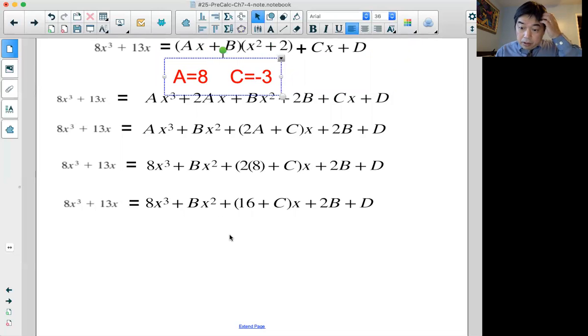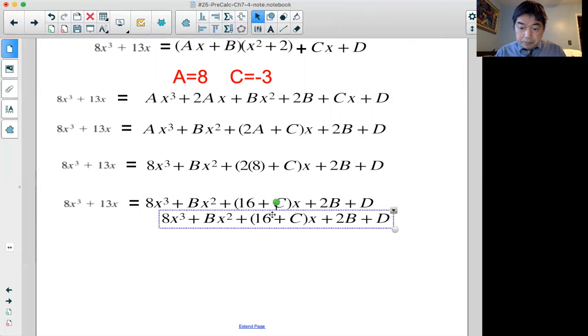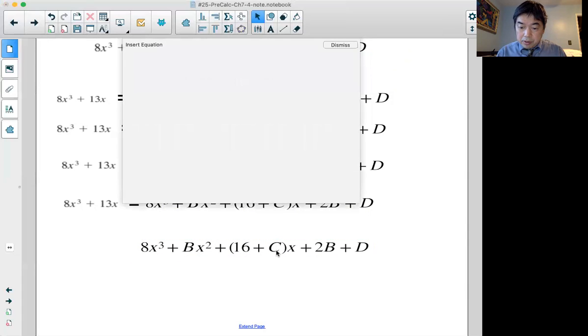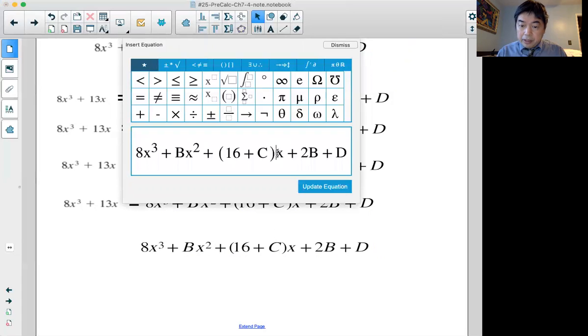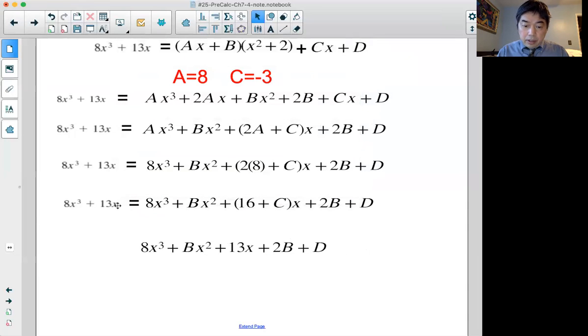Okay, now, so let's rewrite this one. c must be negative 3. And this is the only number that appears here, so I will rewrite this one to 13. If you plug in c, evaluate c equals negative 3, this is going to be 13 here, right? Left-hand side. Right? Okay.